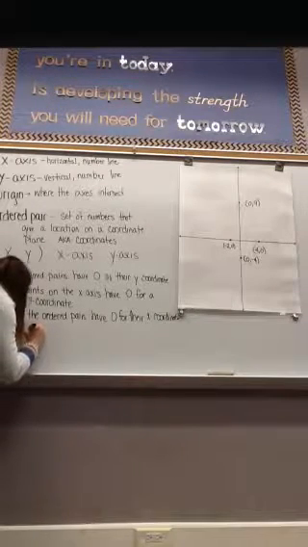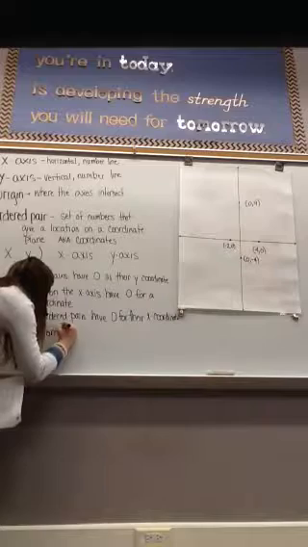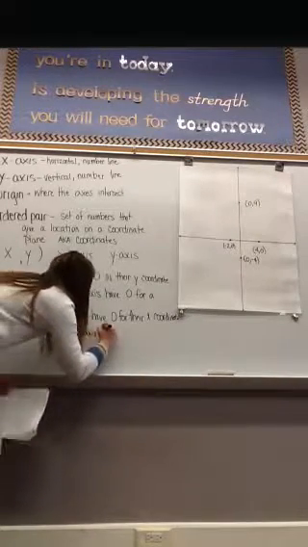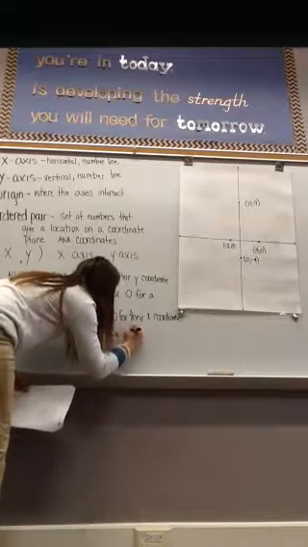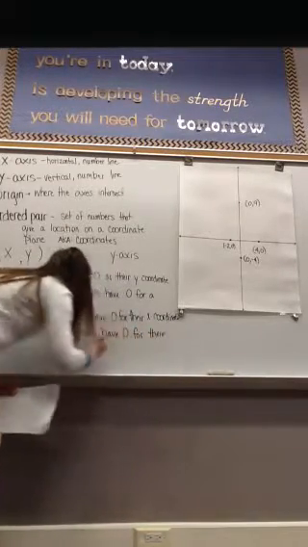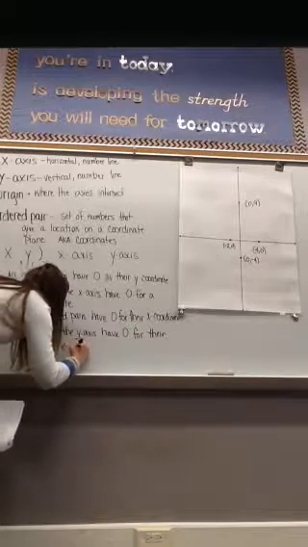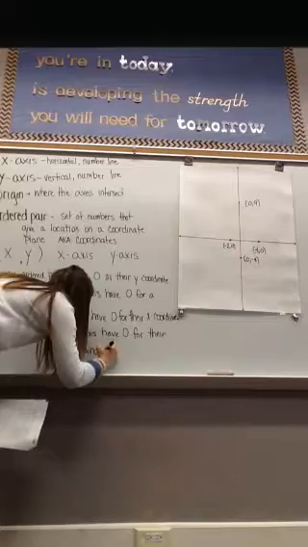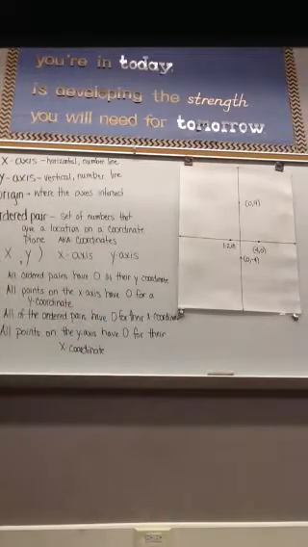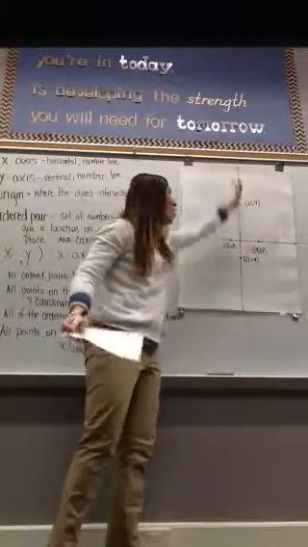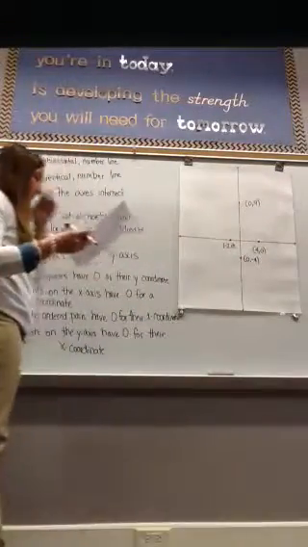All points on the y-axis have 0 for their x-coordinate. That is a rule. If the x-coordinate is 0, that point will lie on the y-axis.